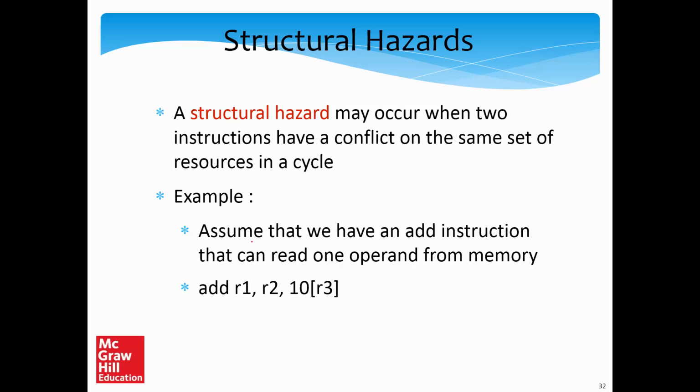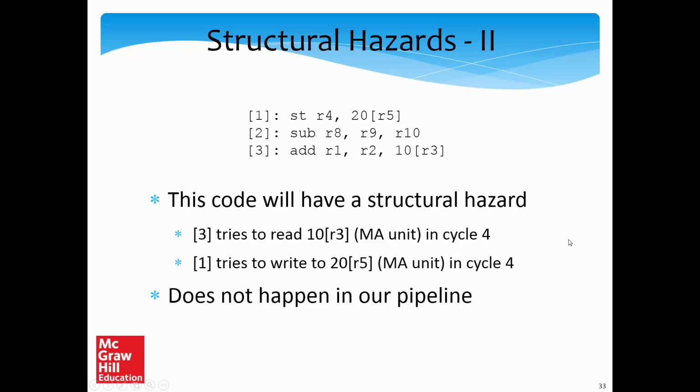So it's good to know the concept in general. Assume that we have an add instruction that can read one operand from memory, right? In such an instruction, one of the operands is coming from memory. Now let's take a look at an example in which a structural hazard can happen.